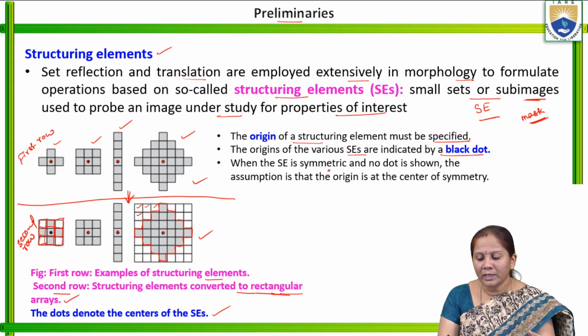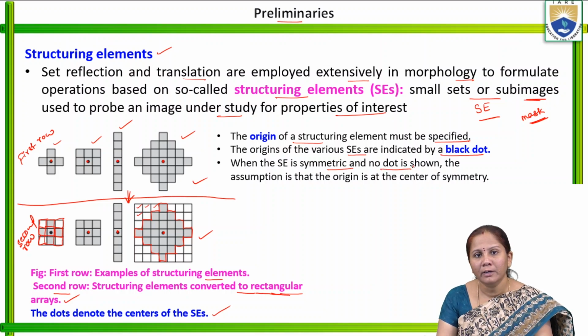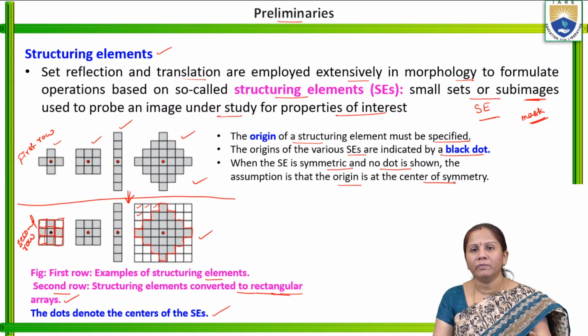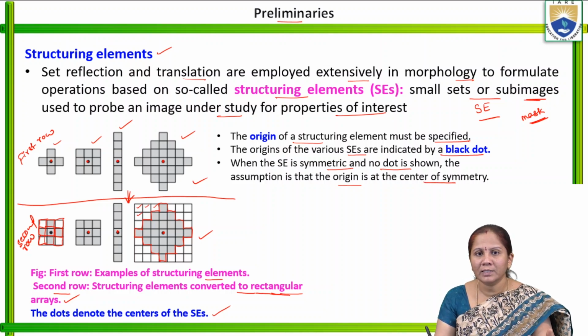When the structuring element is symmetric, sometimes it may not have any dots. In such cases, we have to assume the origin at the center of the symmetry. In those cases, we only have to assume the origin at the center of the structuring element and do the analysis.